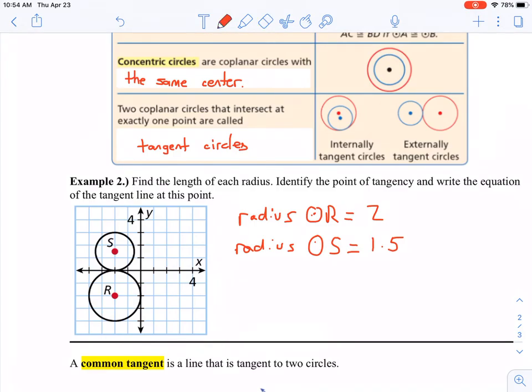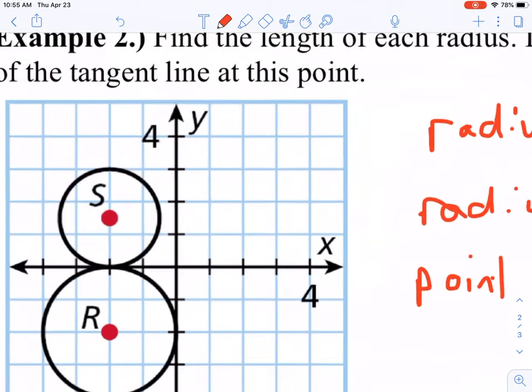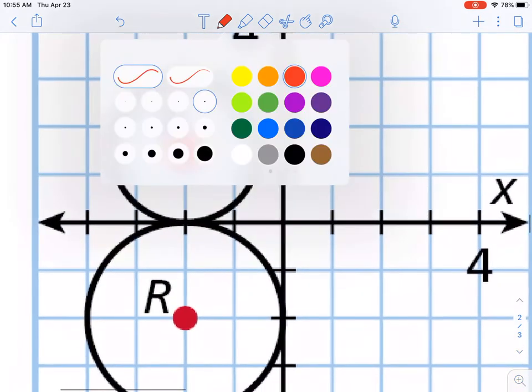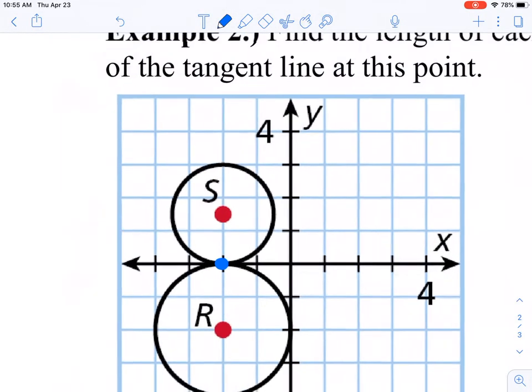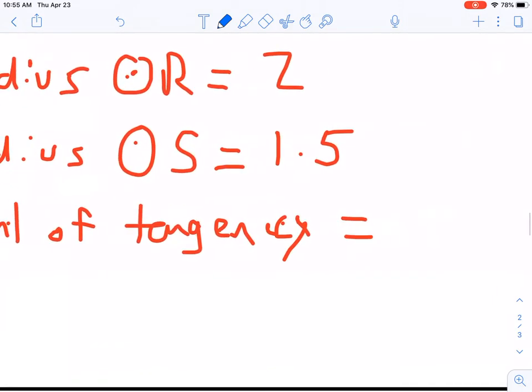And then they ask us for the point of tangency. That's going to be, I'll use a different color here, right here, and that point is (-2, 0).